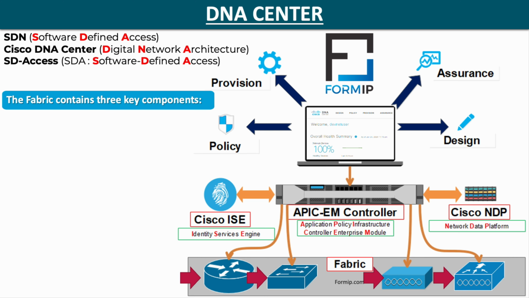The fabric contains 3 key components: the control plane, based on the Locator Identity Separation Protocol, LISP; the data plane, which is based on VXLAN, Virtual Extensible LAN; and the policy, based on Cisco TrustSec, CTS.